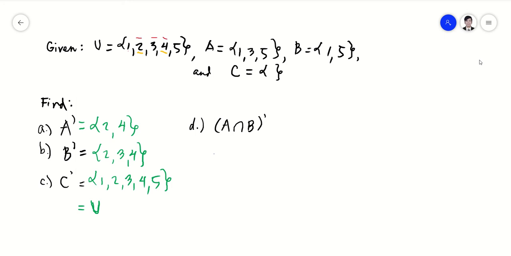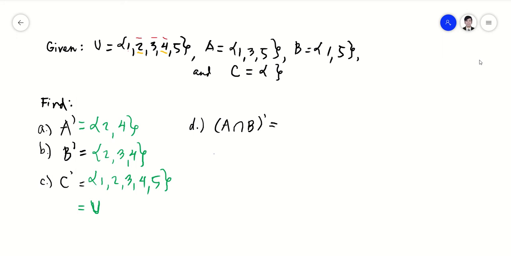So you have to deal first with whatever's inside the parenthesis before you deal with the complement. So first you need to find the intersection of A and B. That's what you need to find first.